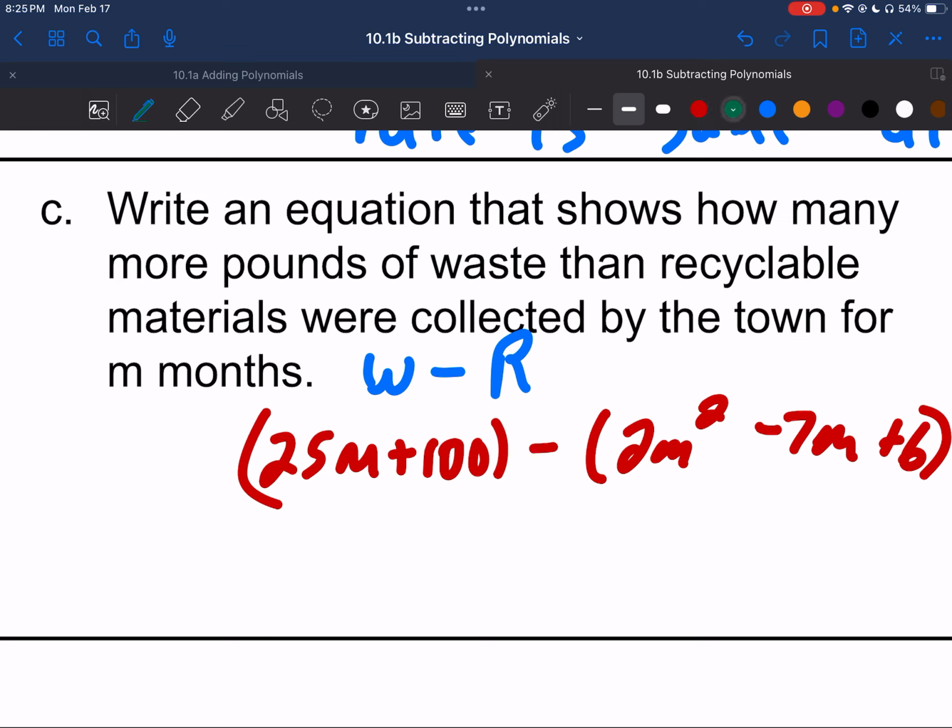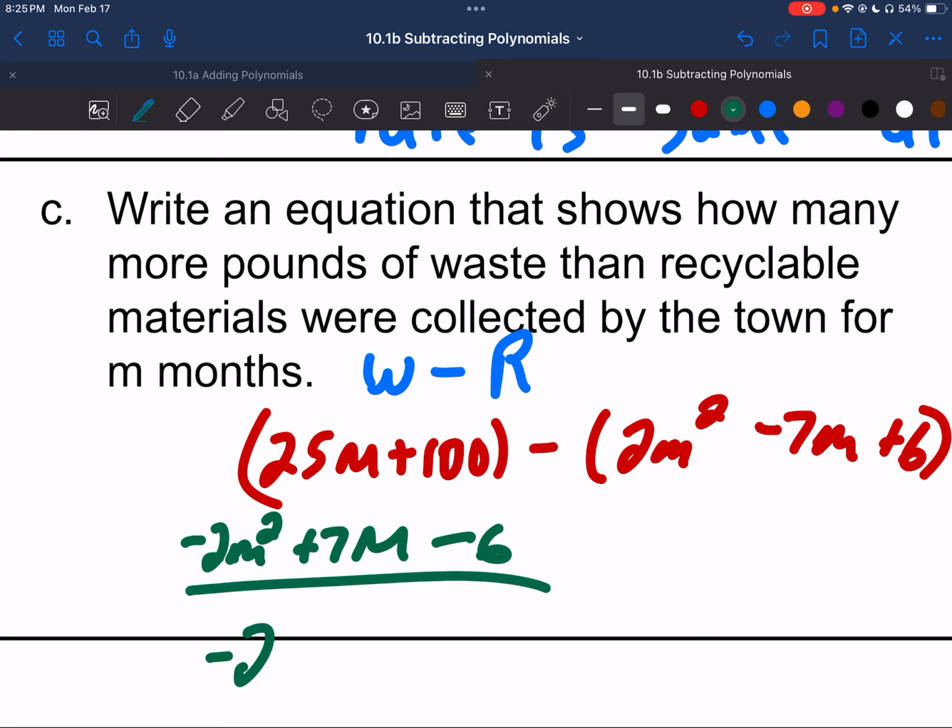So again, I like the vertical method, minus 2m squared, we have a plus 7m, and we have a minus 6. So you get negative 2m squared, we have plus 32m, and we have plus 94. That's our expression.